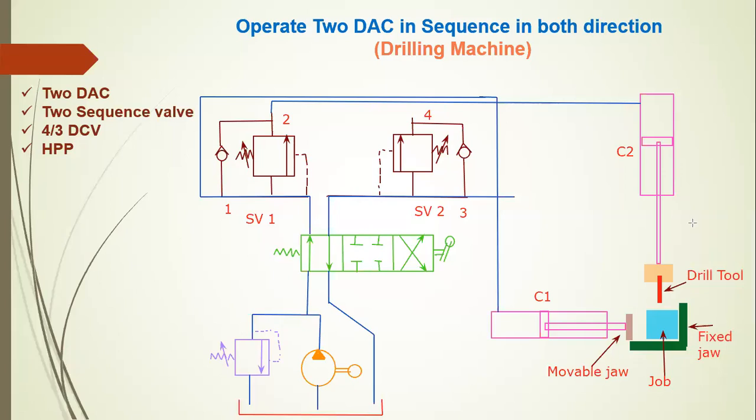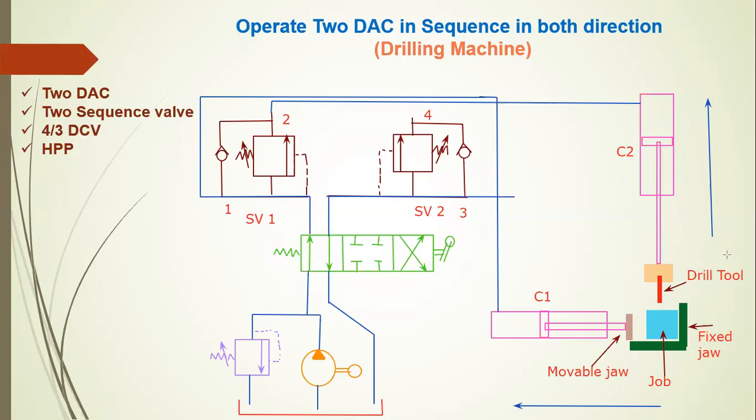Then in the next position, first we have to remove the drill tool in an upward direction. We have to remove the drill tool from the workpiece in the upward direction, and then after we move the movable jaw in a left side direction.